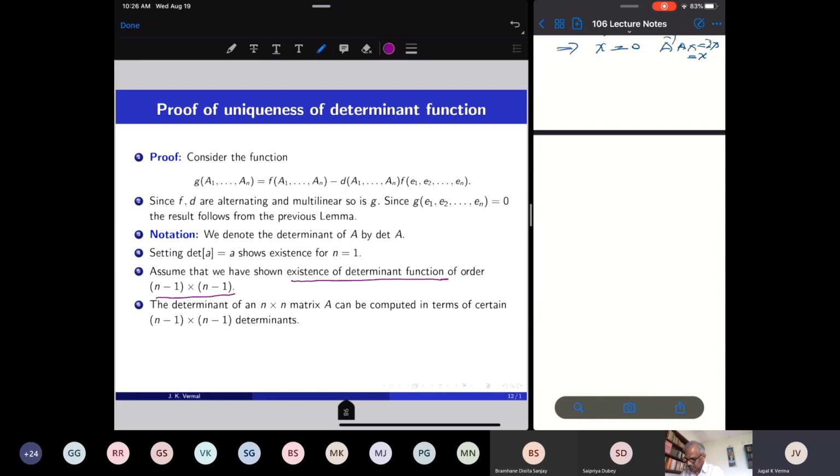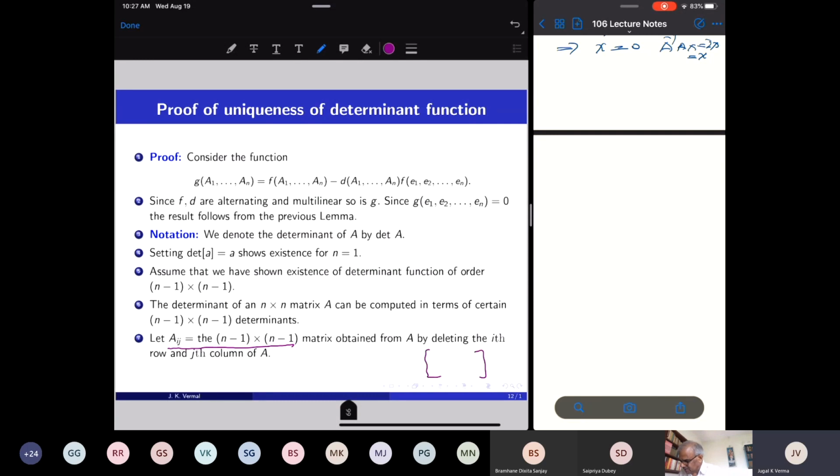Now we will derive a formula for the determinant of n by n matrices in terms of n minus 1 by n minus 1 determinants. So let us look at Aij to be the n minus 1 by n minus 1 matrix obtained from A by deleting the ith row and jth column. I have this n by n matrix, and I remove the ith row and jth column.